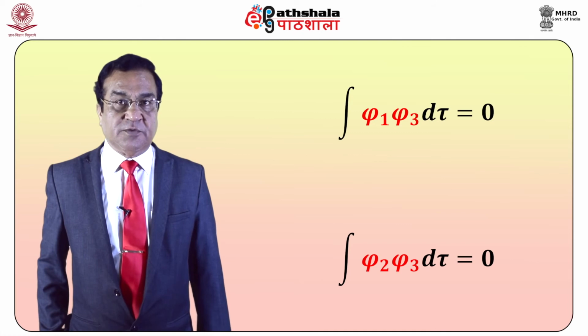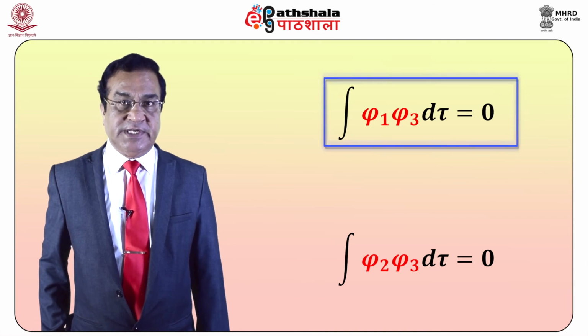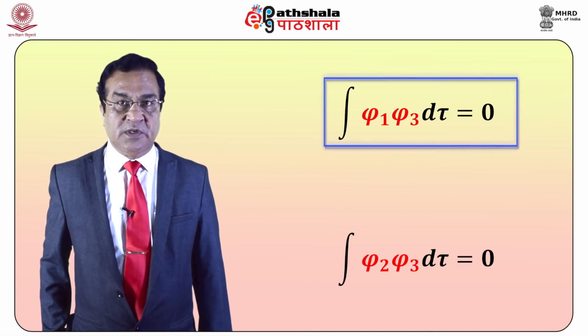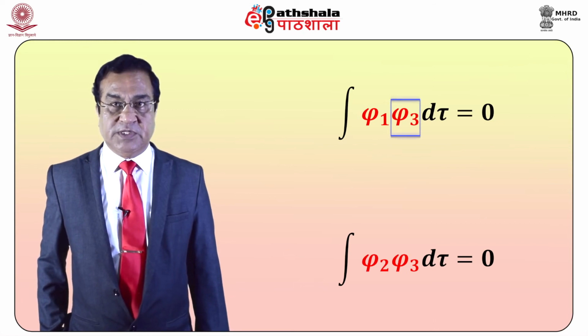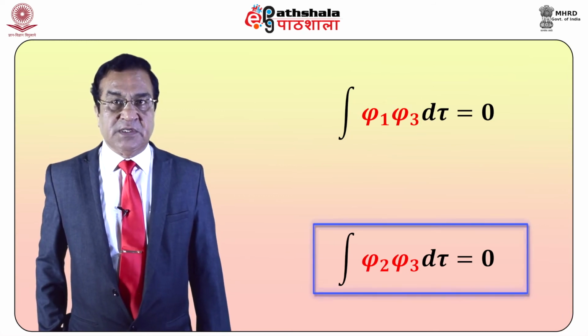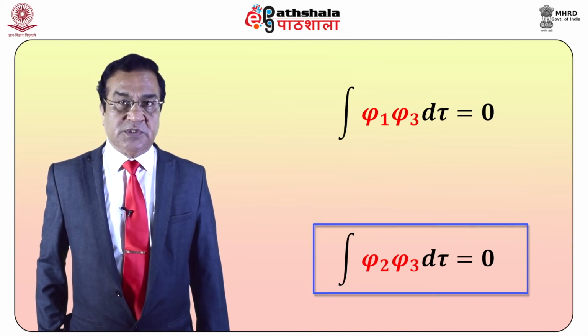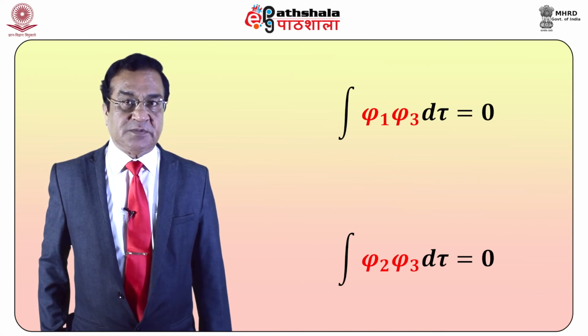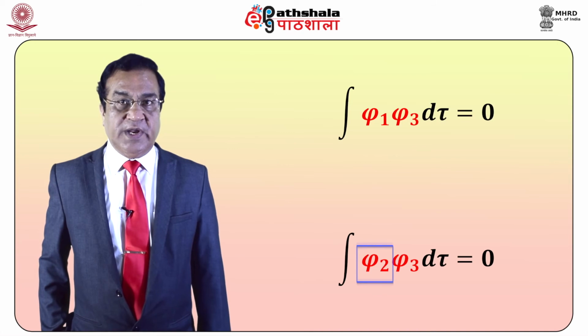That means the following two conditions must be satisfied. Integral Phi1 Phi3 d tau equals 0, which represents the orthogonality of Phi1 and Phi3. And secondly, integral Phi2 Phi3 d tau is equal to 0, which is nothing else but the orthogonality of the molecular orbitals Phi2 and Phi3.